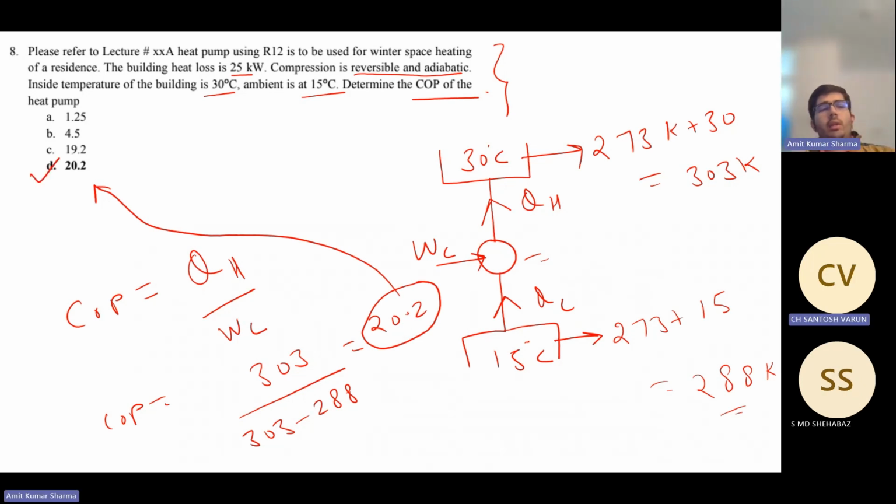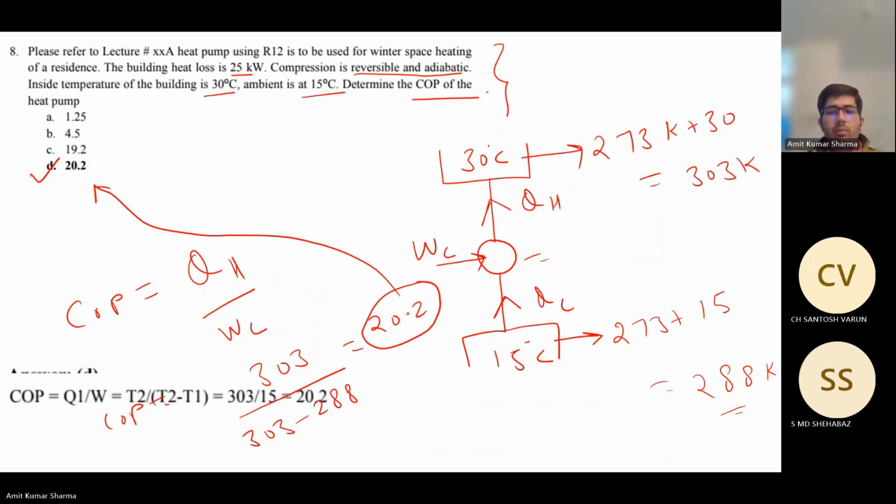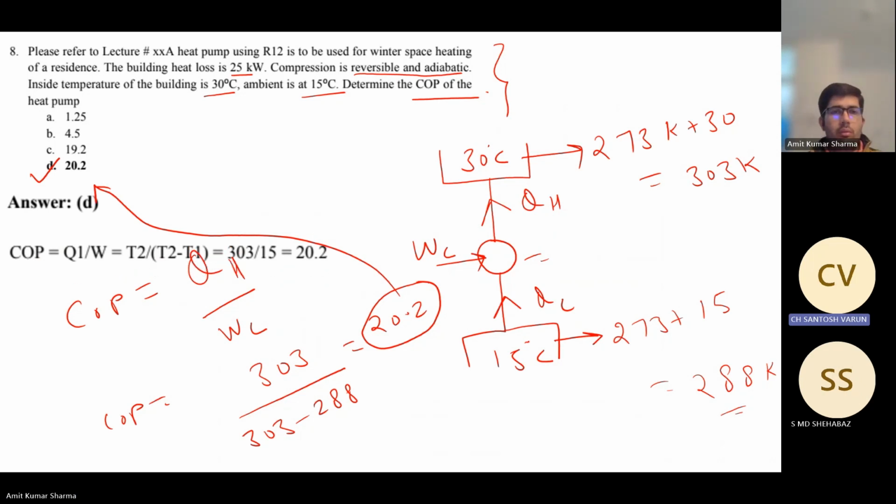Yes, the correct answer. So, Mr. Amit, I have a small doubt here. Generally, if we say that any cycle is reversible, each process should be a reversible process, right? To say that a cycle is a reversible cycle, or that we are getting the maximum COP or efficiency, every process should be reversible.